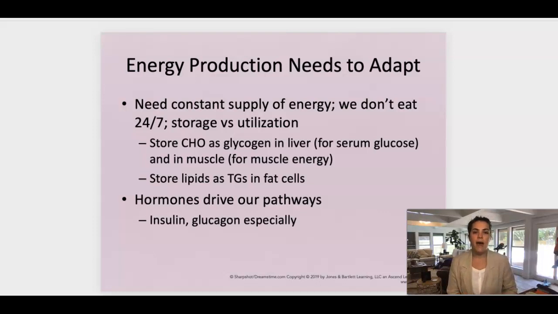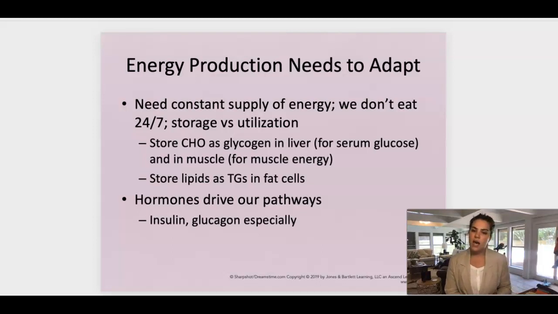So our body has a means to create these energy reserves for whenever maybe we're in times of fasting or starvation, or our metabolic demand is greater because we're sick or have experienced trauma. So we have to have multiple pathways to be able to provide energy to our cells no matter what the issue is. Okay?